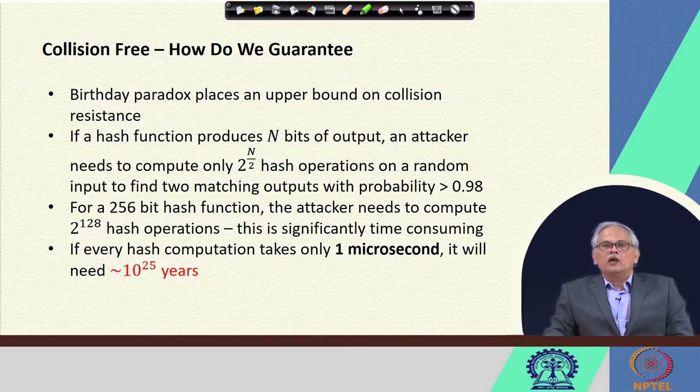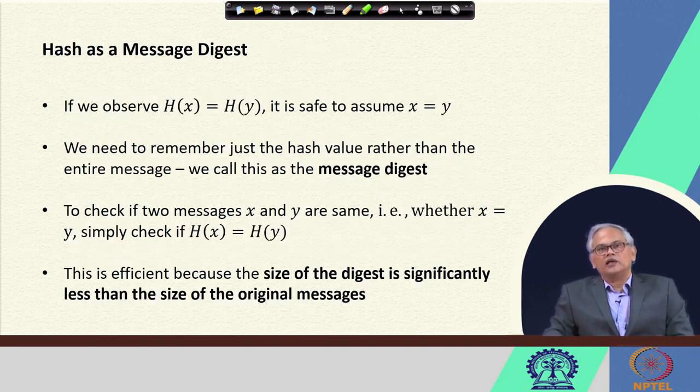So, we can conclude from this that if we choose a hash function so that the digests are of sufficiently large length, say 256 bits, then it is practically impossible to come up with two different messages that will result in the same value for the digest.